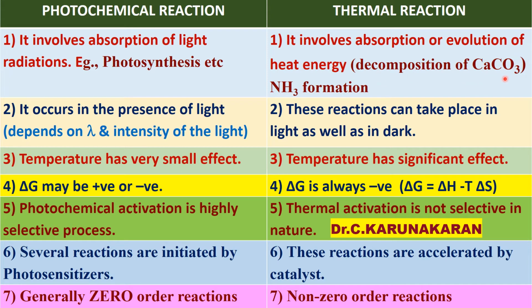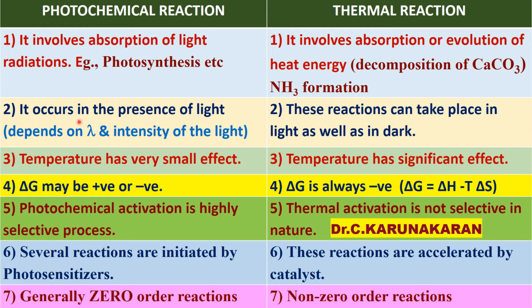For example, thermal decomposition of calcium carbonate to give CaO and CO2 is an endothermic reaction, whereas ammonia formation during the Haber process is an exothermic process. So thermal reactions involve absorption or evolution of heat energy.